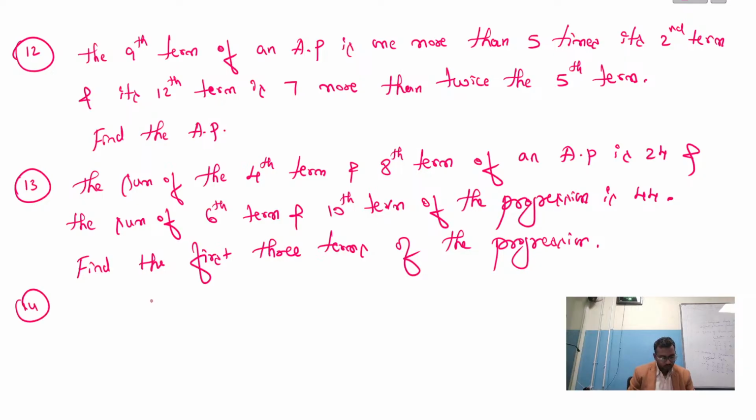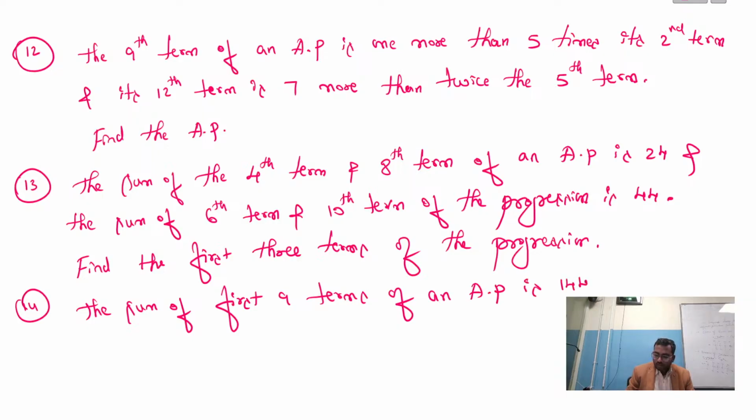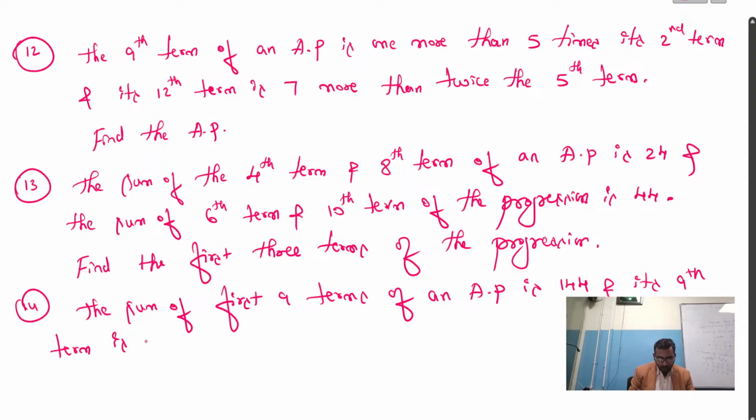And also you can try this problem: the sum of the first 9 terms of an AP is 144, and its ninth term is 28.